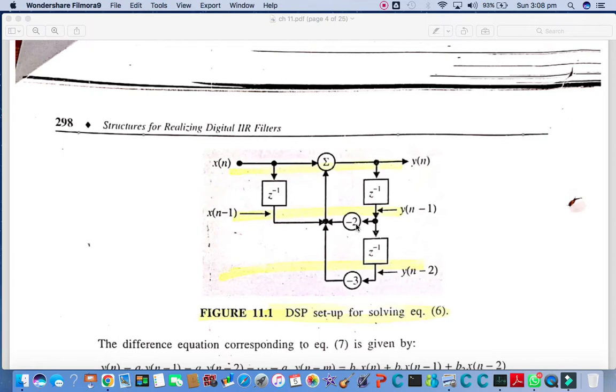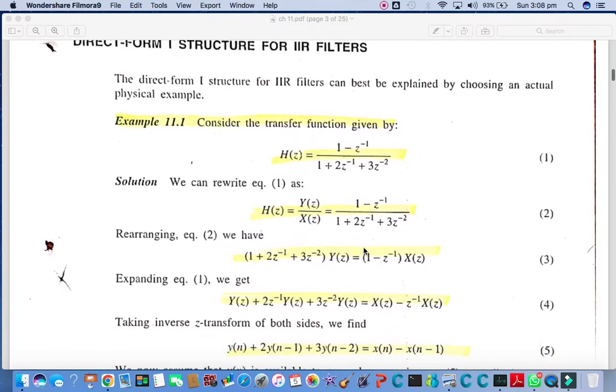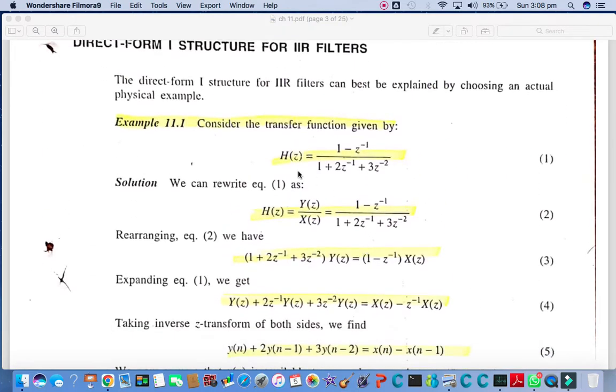In this diagram we use summers, multipliers and delay elements. So let's see this example of how we do the realization of the digital IIR filter.